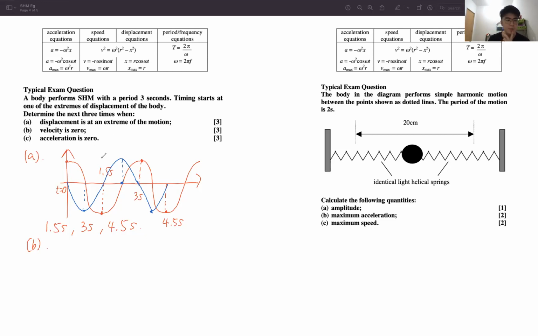When velocity is 0, meaning over here and over here, which is the same as the previous one. When velocity is 0: 1.5, 3, and 4.5. So your answer is also the same, 1.5, 3 seconds, 4.5.